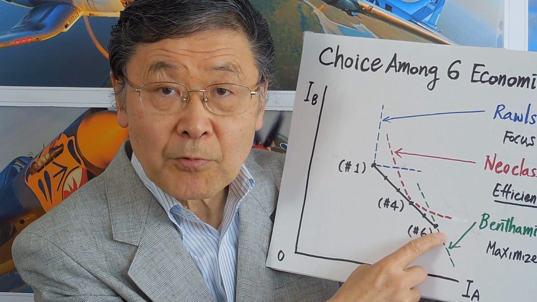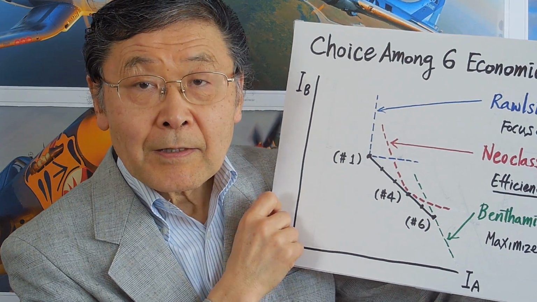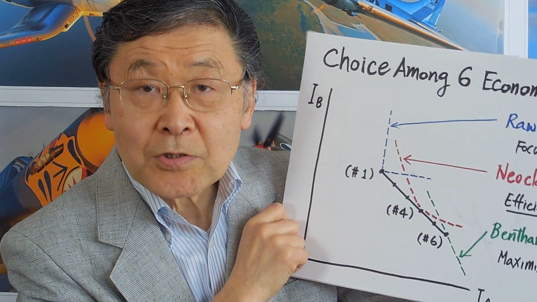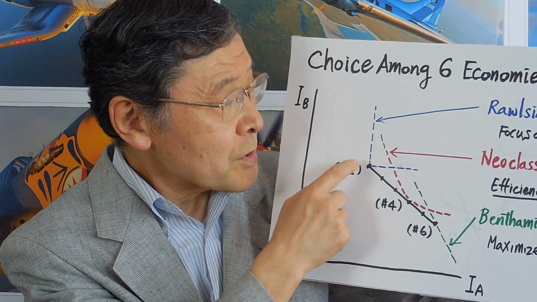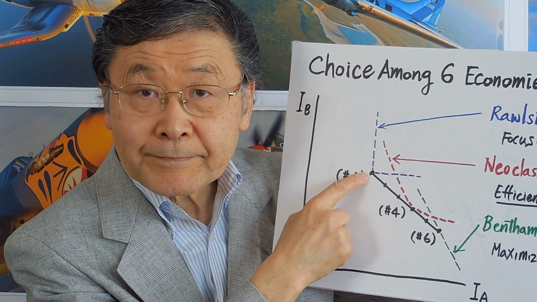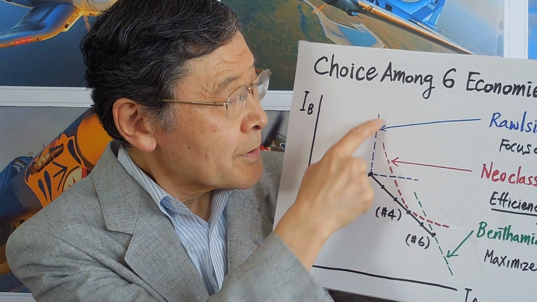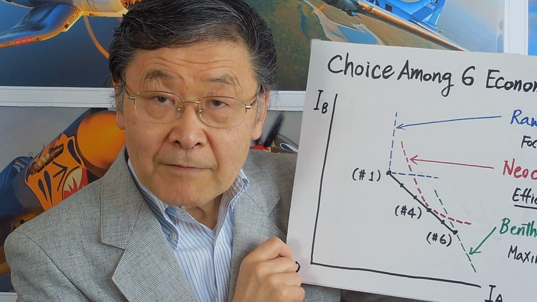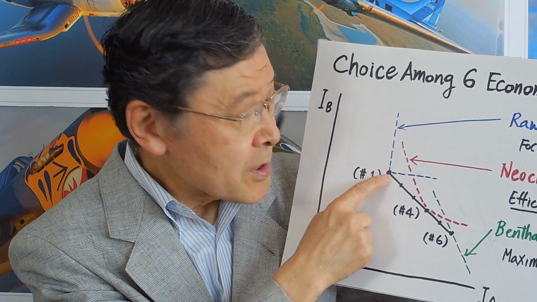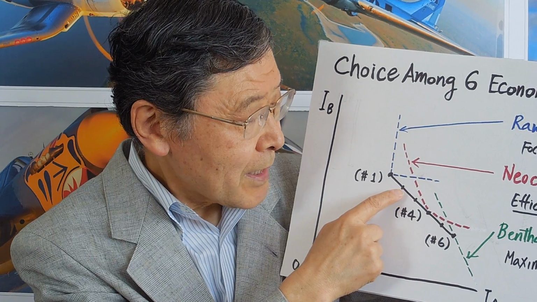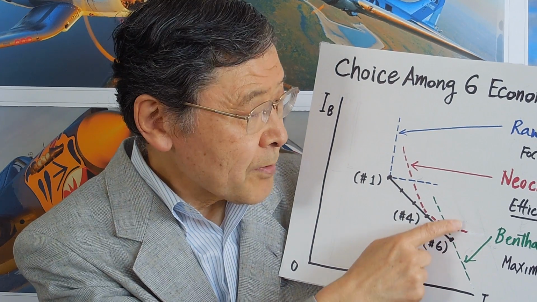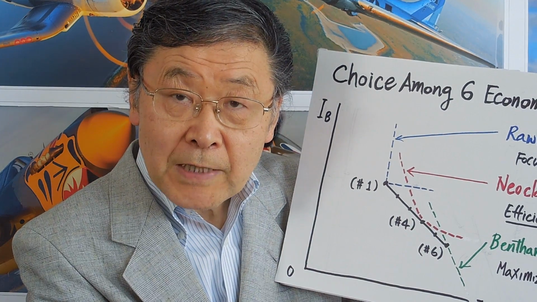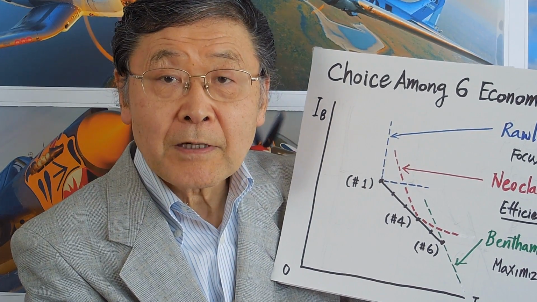That's why this is the best point. Those who have the Rawlsian social welfare function should have chosen this point, equal distribution, because according to this L-shaped social welfare function or indifference curve, this is the best point, because any other point corresponds to lower indifference curves according to Rawls' value judgment.